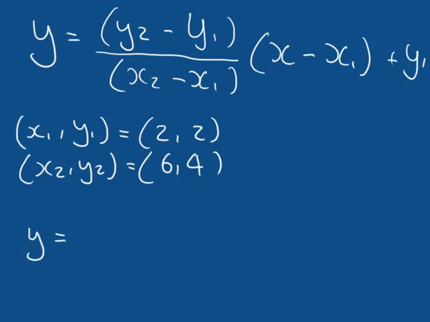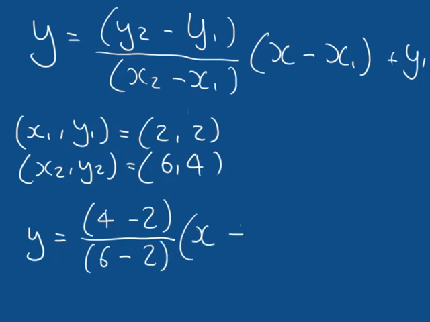So y is equal to y2, which is 4, minus y1, which is 2, over x2, which is 6, minus x1, which is 2, multiplied by our x variable minus x1, which is 2, plus y1, which is 2.